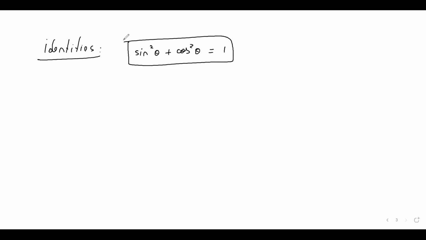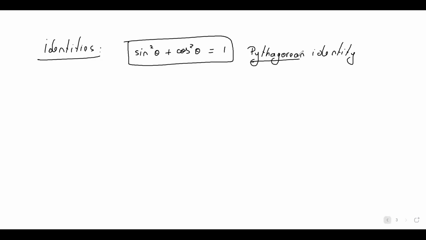Why is that? Well, that's called the Pythagorean identity, and you can guess easily that because of the presence of the name of Pythagoras here, that really is the Pythagorean formula.